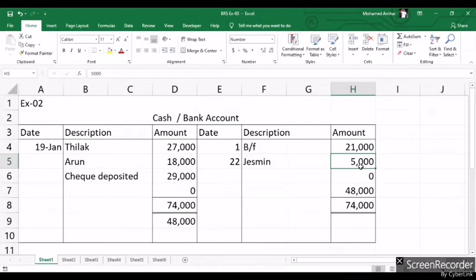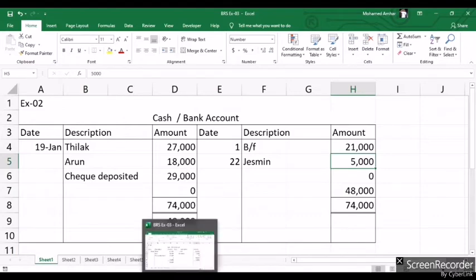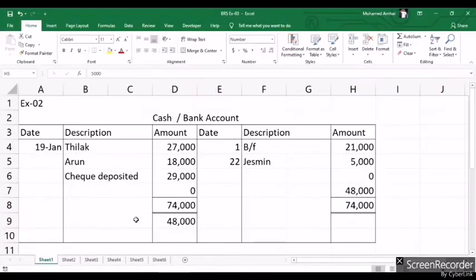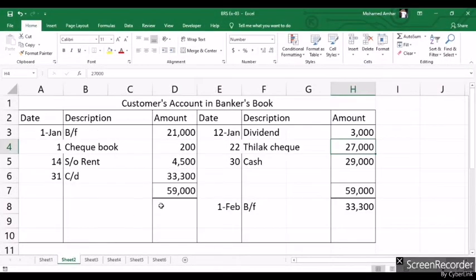But the check issued was not presented until 30th September, so as the check is still not presented, that amount is not debited in the banker's account book.